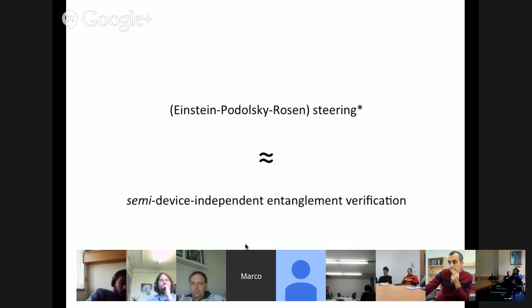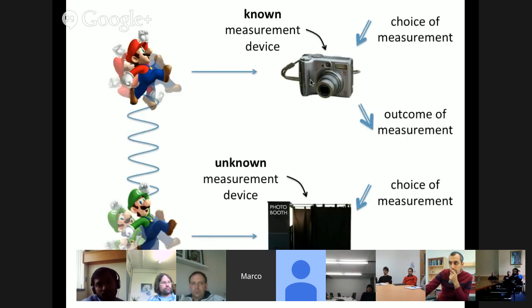Einstein, Podolsky, Rosen steering, then, in this modern quantum information view, corresponds to semi-device independent entanglement verification. So in this case, we have, let us say, Alice and Bob, where Bob trusts his measurement. So this is using a known measurement device where you can choose the measurement, obtain the outcome of the measurement, but particularly he knows what is measured, while we still have this black box scenario for Alice.